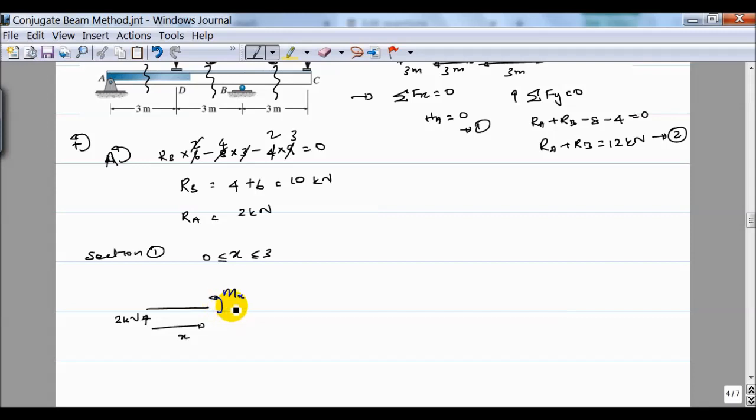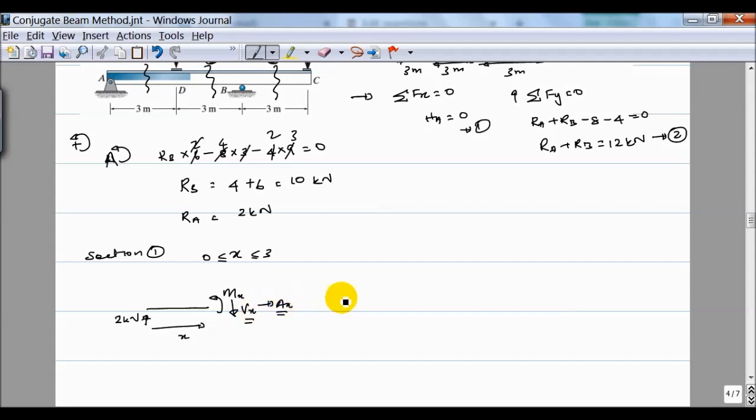Actually there are 2 more unknowns, the other ones being Vx and Ax. This is a typical section, and this section is in equilibrium because the beam is in equilibrium. I'm not going to derive equilibrium conditions for shear force and axial force, and we know axial force is 0 and shear force can be obtained.